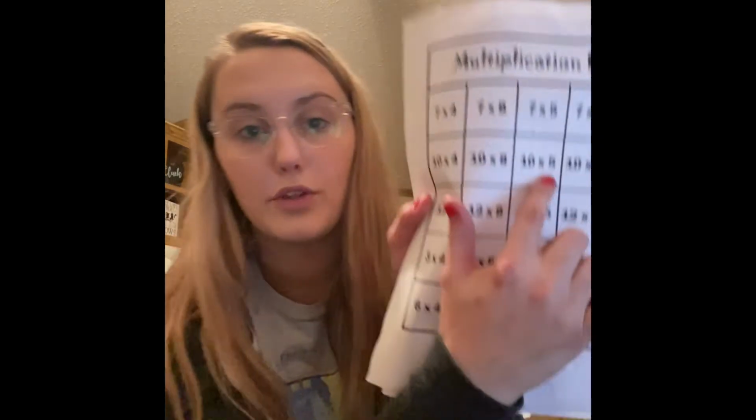The teacher would give the students 30 seconds to answer their problem. So they would draw out of a cup which fact that they got. So say I drew 10 times 5. You would say 10 times 5. The students would have 30 seconds to answer, and they would write their answer on the board where they found that fact.